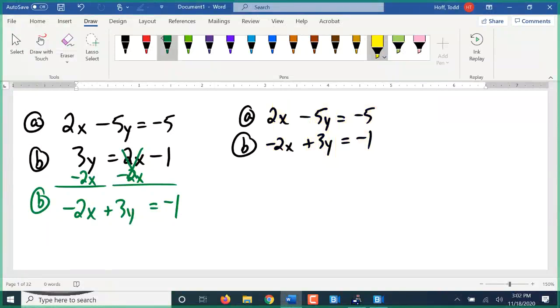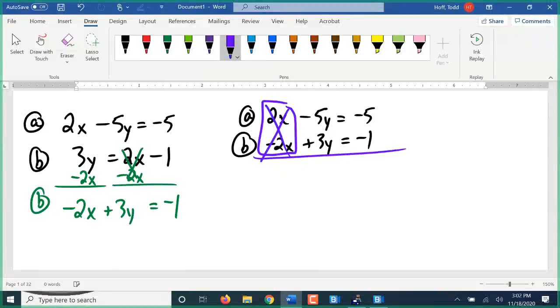So we can go ahead and add our columns and see if something disappears. And it does. 2x and negative 2x add up to 0. They cancel out. Negative 5y and a positive 3y is a negative 2y. Negative 5 and negative 1 make a negative 6.